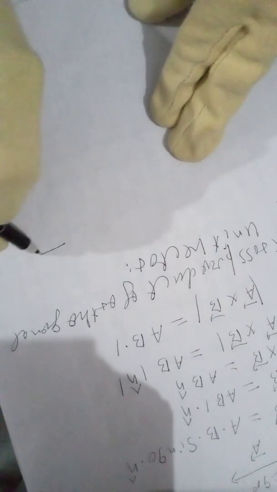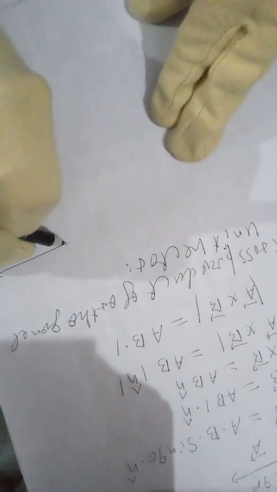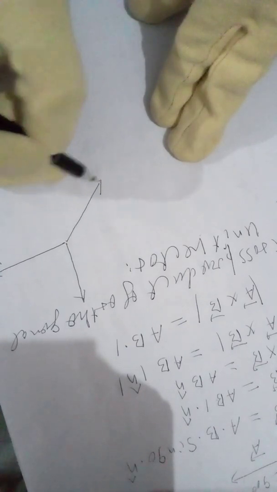So what is an orthogonal unit vector? Vectors which are mutually perpendicular are known as orthogonal unit vectors. So the x-axis, y-axis and z-axis are mutually perpendicular to each other.